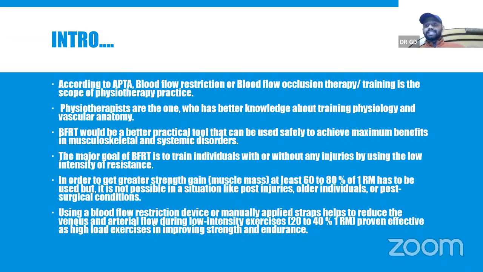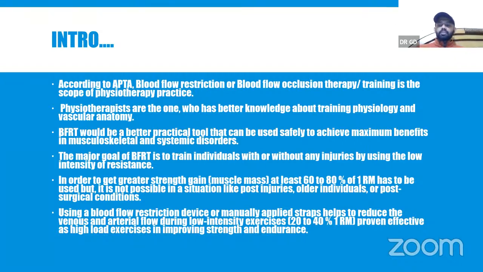When I say other systemic disorders, for example hypertension, diabetes, this research is now growing, but in musculoskeletal we already have very good research reports. So why do we need to use this? The very important one: in the acute phase, we cannot use the typical 60 to 80 percent of one rep max load to improve hypertrophy. 60 to 80 percent of one rep max is not that small.